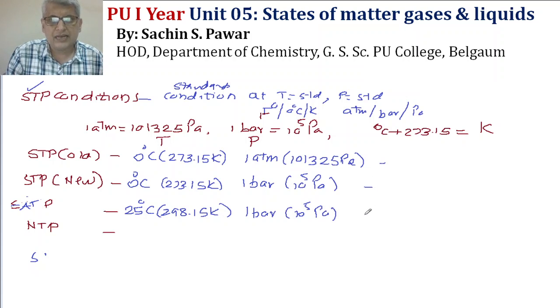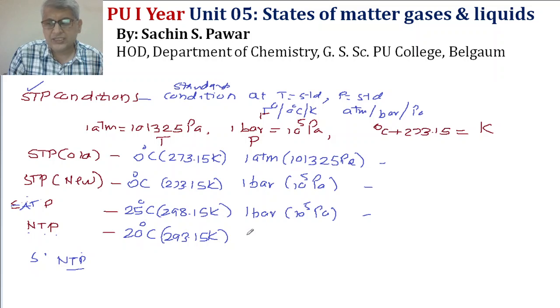Okay, so these are STP conditions and SATP conditions. NTP stands for normal condition of temperature and pressure, and the normal condition is taken as 20 degrees Celsius, that is 20 plus 273, which is 293.15 Kelvin, and the pressure is taken as 1 atmosphere, and that comes out to be 101325 pascals.